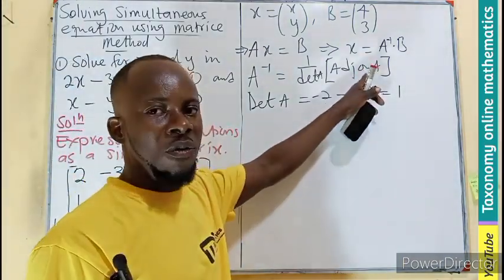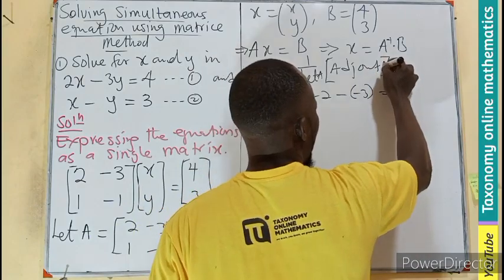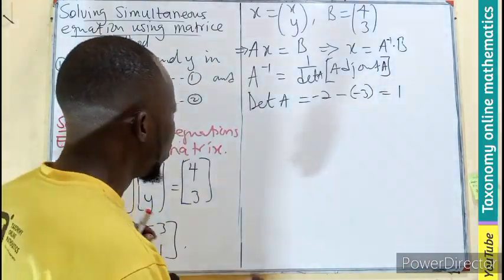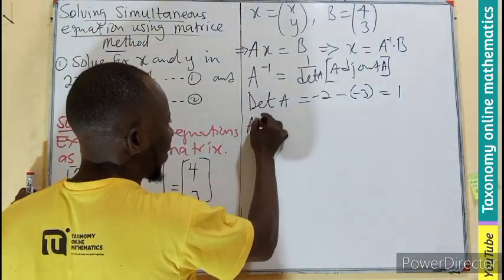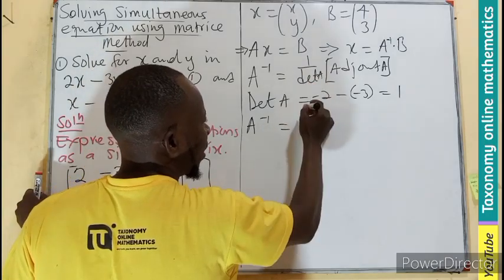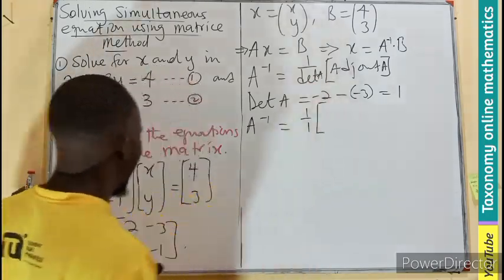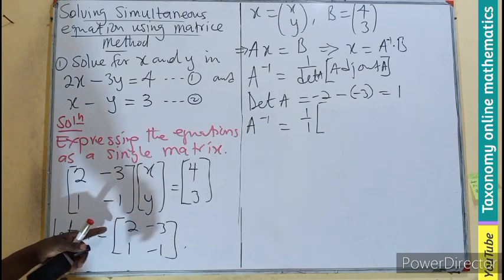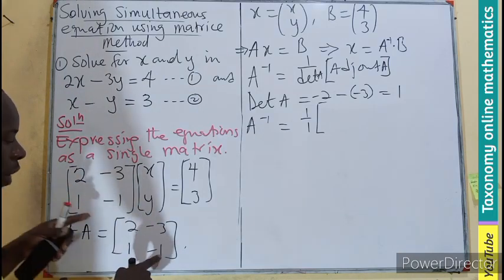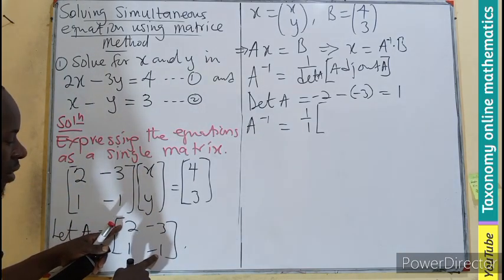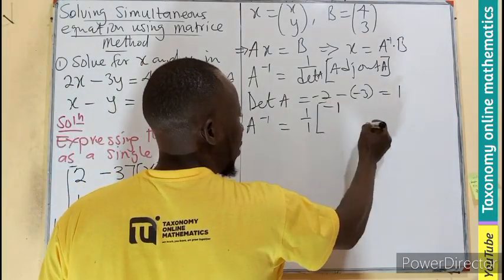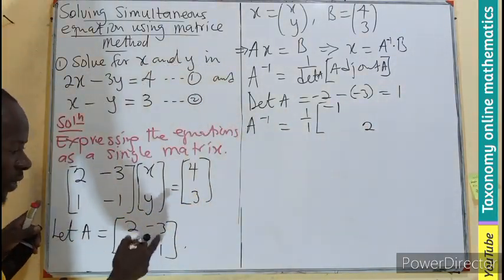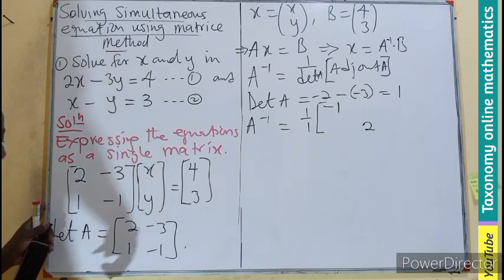Then the adjoint of A. Let me just write this directly: 1 divided by 1 times the adjoint of this. What is the adjoint? We are going to swap the positions of the leading diagonal. Minus 1 comes first, then 2 goes down. Then for the other diagonal, we negate them.